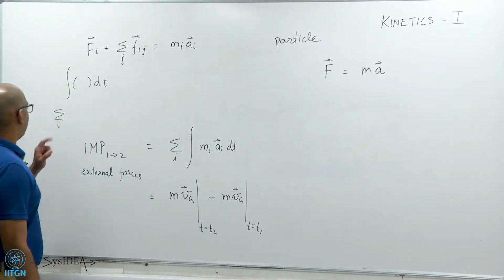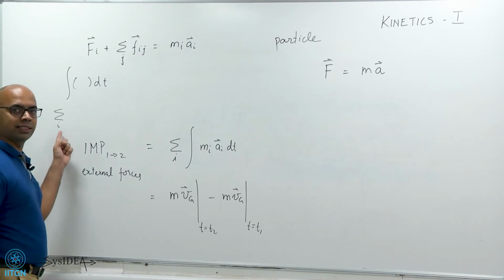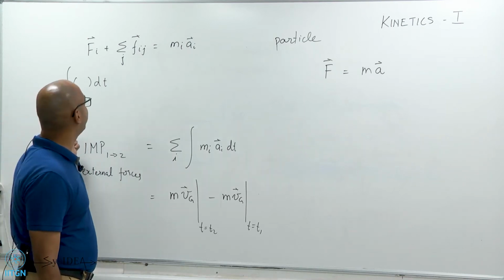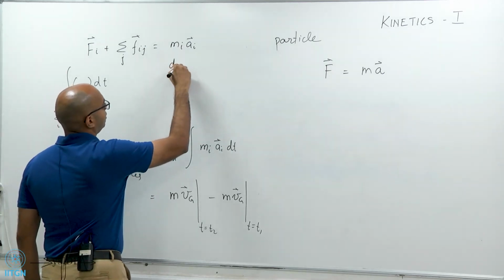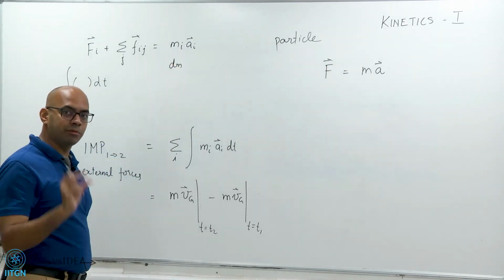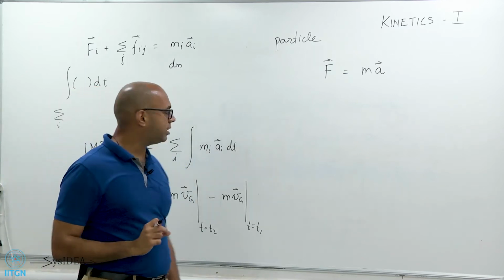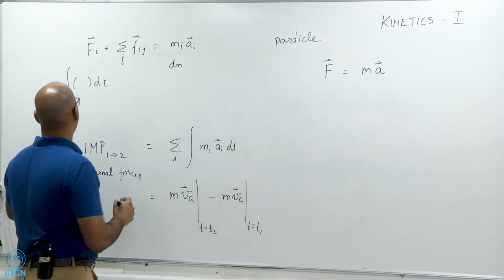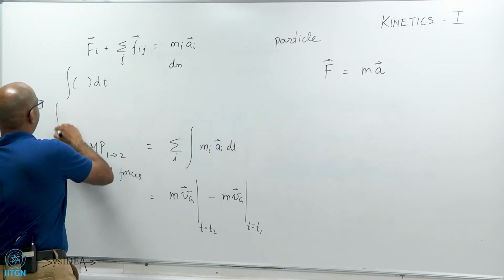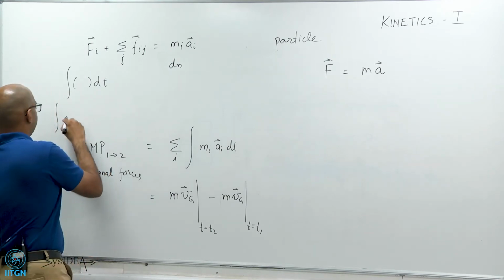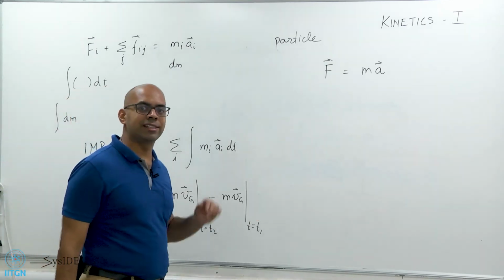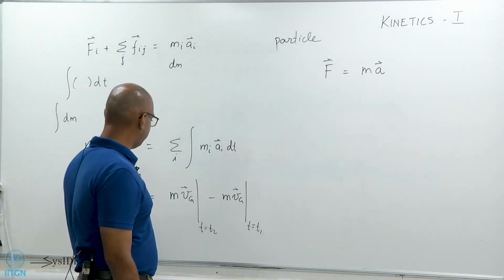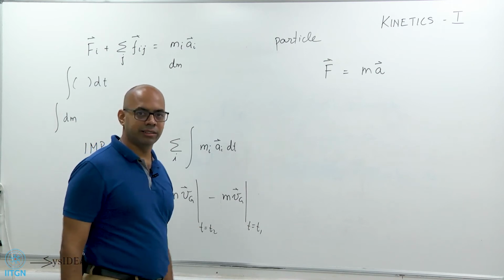Of course, instead of doing a sum over i, when we are talking about a rigid body, instead of mi, you might have a dm, an infinitesimal element, and instead of summing over i, you may be integrating over dm. So, the operation will change, but the principle will remain the same, and you will still get exactly the same thing.